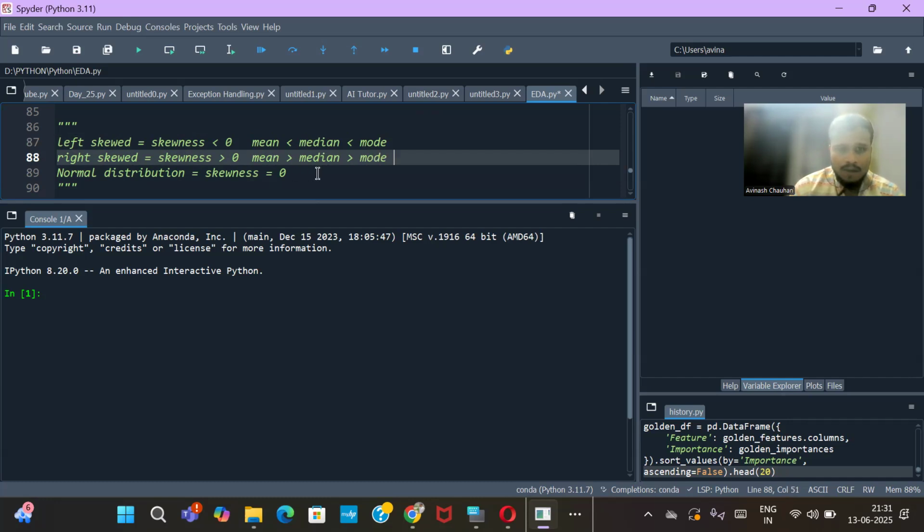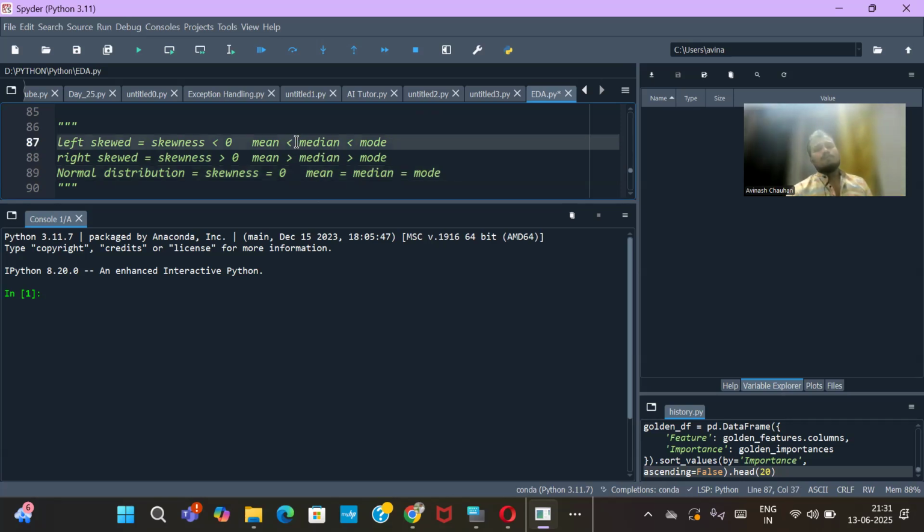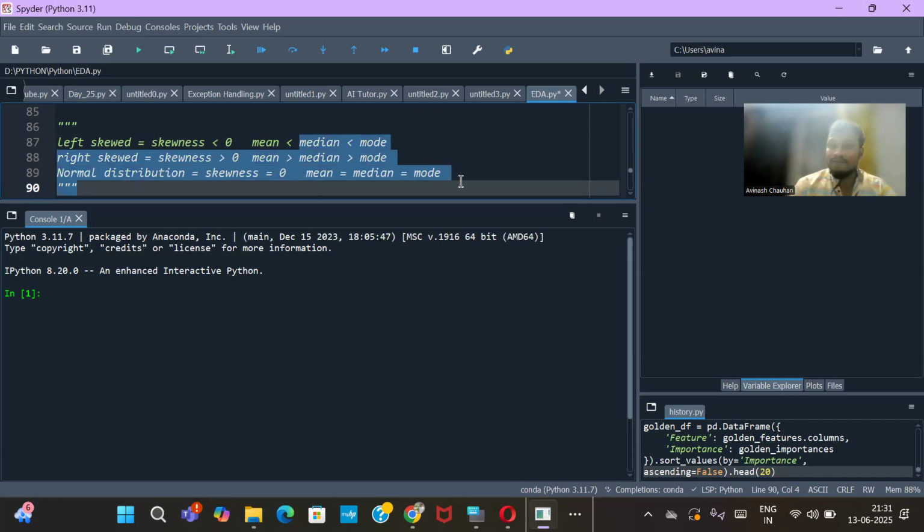And whenever it is normally distributed, then my mean, median, and mode will be equal. So by these things, you can identify how the graph is skewed, whether it's normally distributed, right skewed, or left skewed.